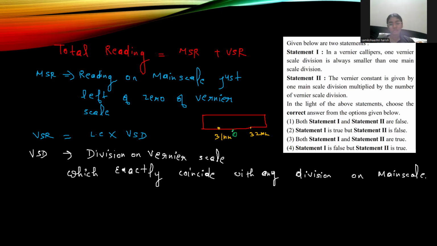Then let us suppose VSD is 4, this value is given.